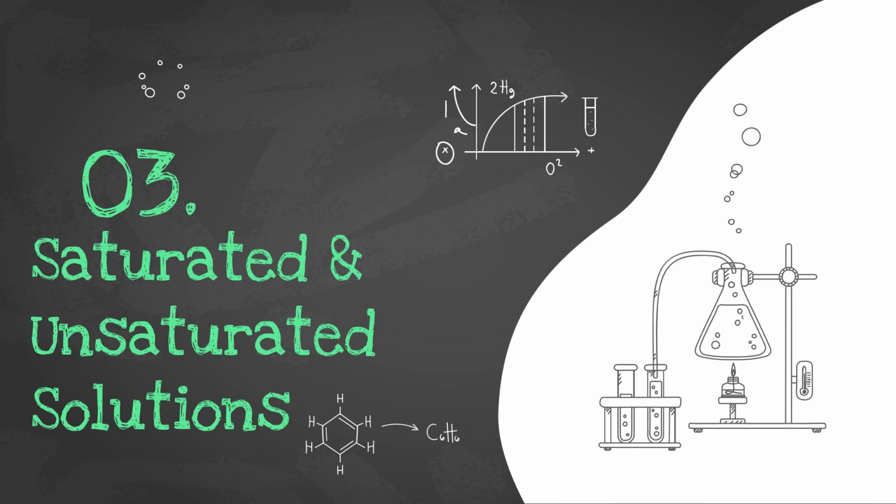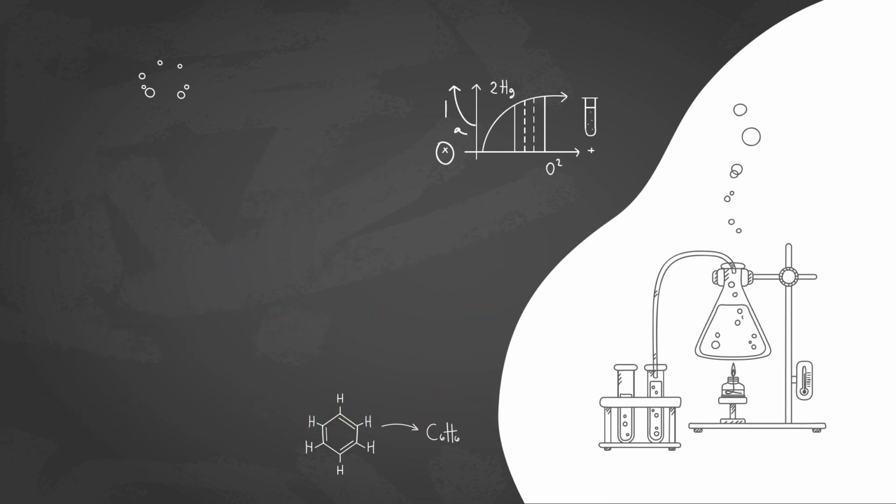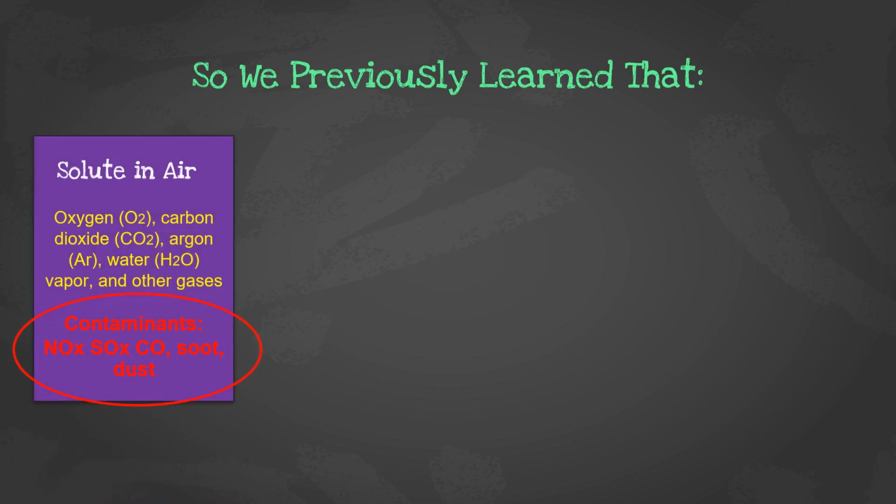Part 3: Saturated and Unsaturated Solutions. So, we have previously learned that these are the components of the solute in air, emphasizing that the presence of contaminants in the air solution and its amount results in a different condition and properties of air.